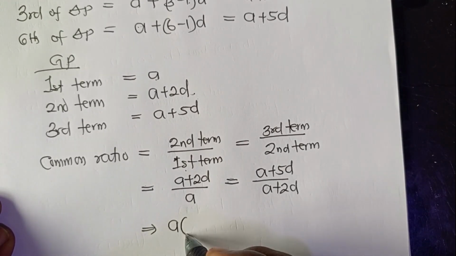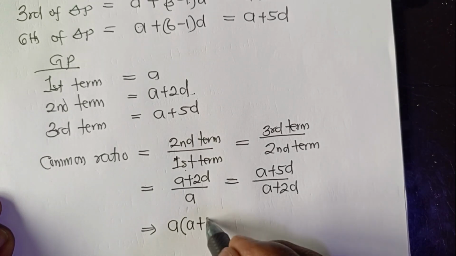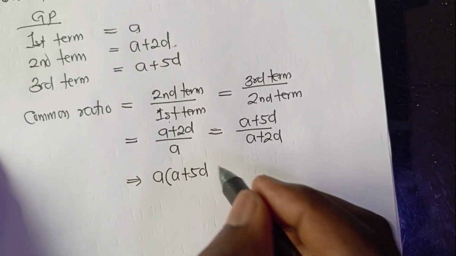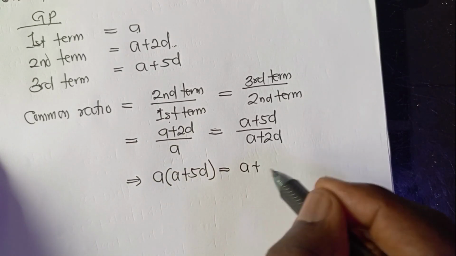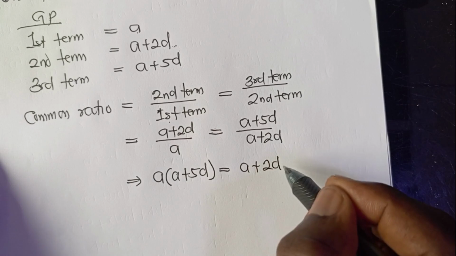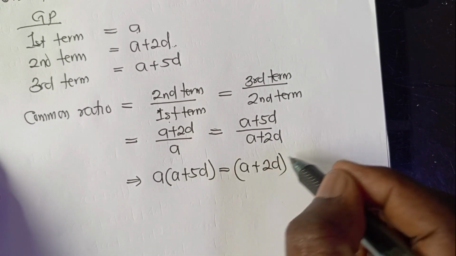We have a multiplied by a plus 5d equals a plus 2d squared.